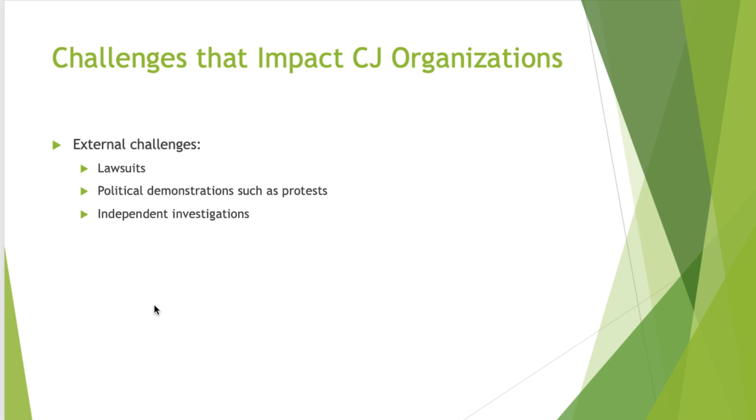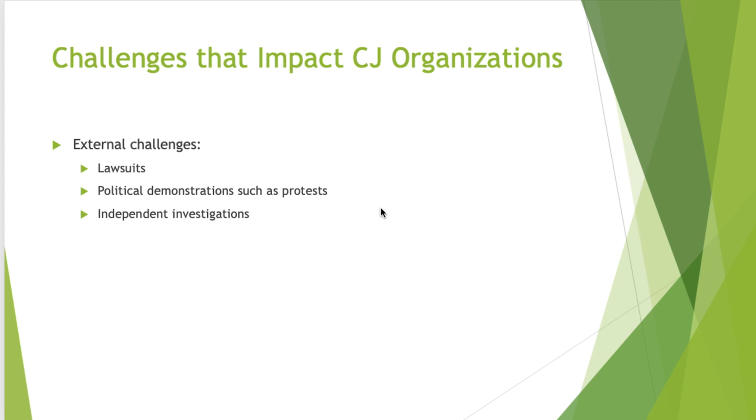A lot of the challenges that would impact a CJ system are going to be external, internal, and other types, and I'm going to go through a couple of them. You can break them down into external challenges, and these come from an outside force.